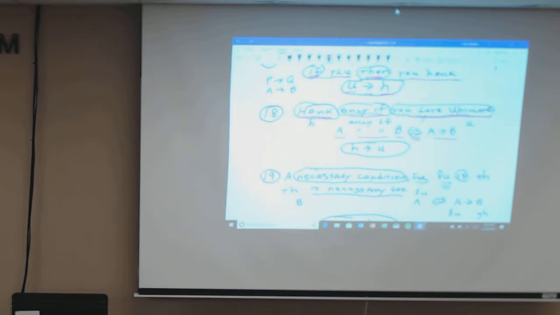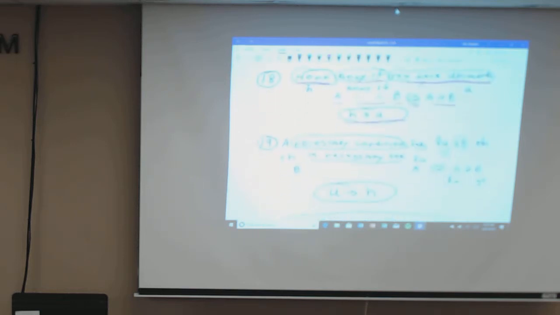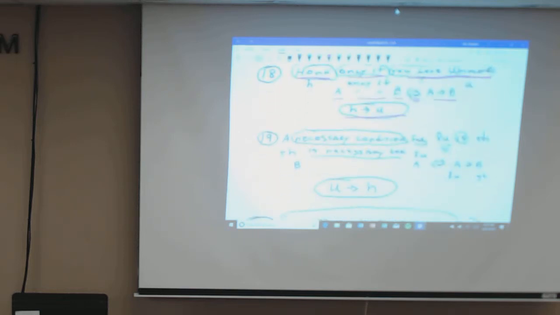If A, then B. So honk only if you love ultimate would be if H, then U, using the letters that they've told us to use. You got it? Let's do number 19. Why am I doing your problems? I don't know. I had a reason when I picked it, so we'll go ahead and do it.